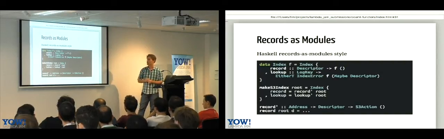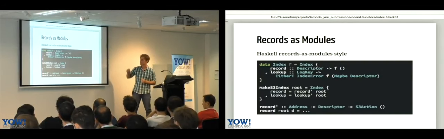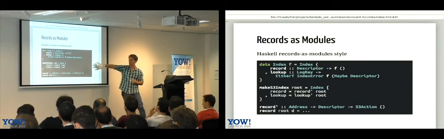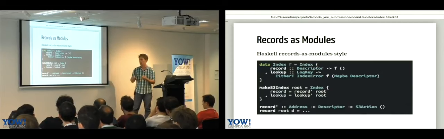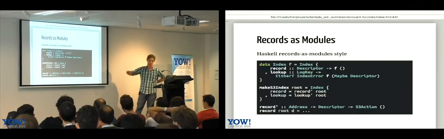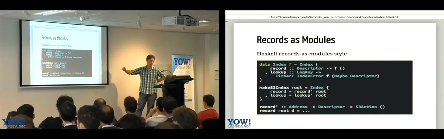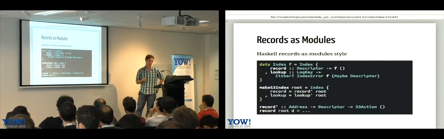You can do a reasonable number of things that you can do with modules in Haskell. You need to be careful that you don't export how to create these index data types too widely. You want to make sure that your record and your lookup match what will work for that particular data store. But it's quite good, and we've used it in quite a few places.